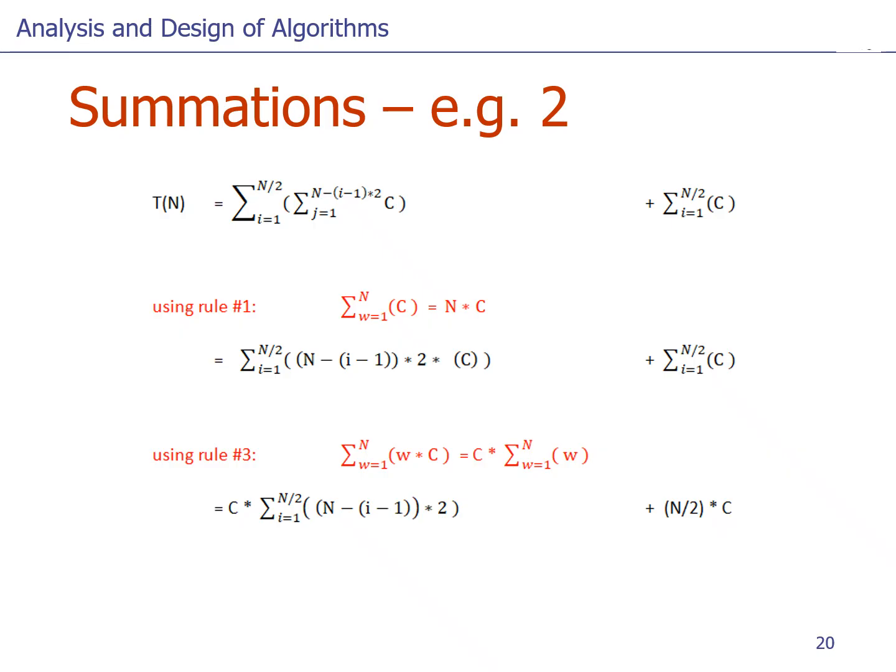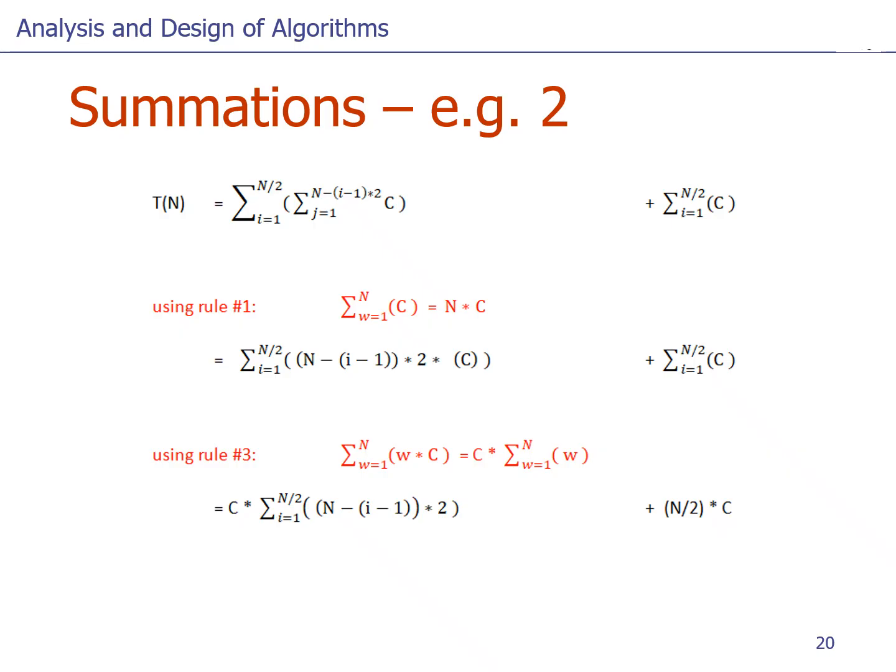I could also use the same rule number 1 to deal with the second term after the summation, which is i equal to 1 till n by 2 on a constant, because it's just going to be n by 2 multiplied by the constant using the same rule 1. And that's what you see in the third line to the right of the plus.